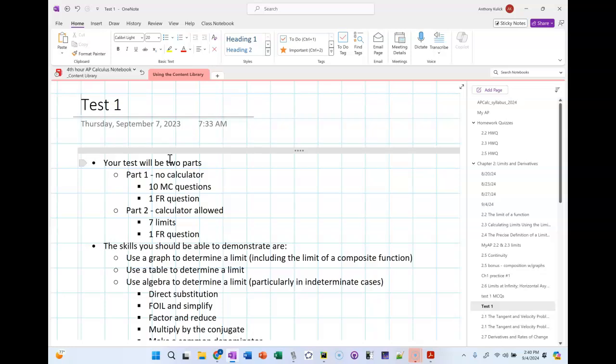Is this test usually hard, this first test? What I'll say is it tends to be hot and cold. If you're good, you tend to be good. If you're not, it can be kind of rough. Especially early on, the stuff we're doing doesn't require a lot of calculation, a lot of work, a lot of algebra, most of these things.